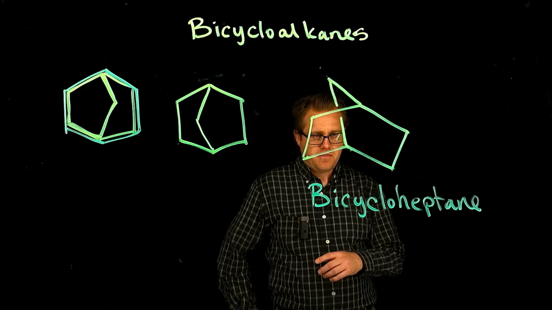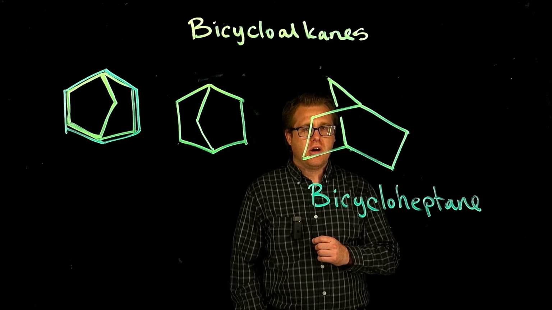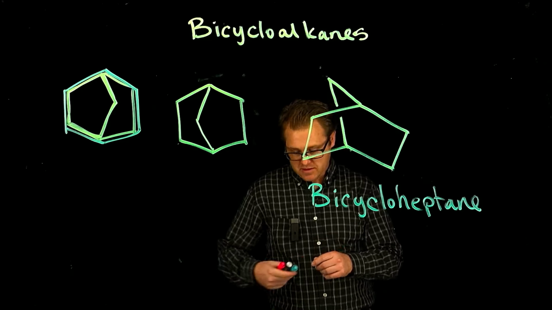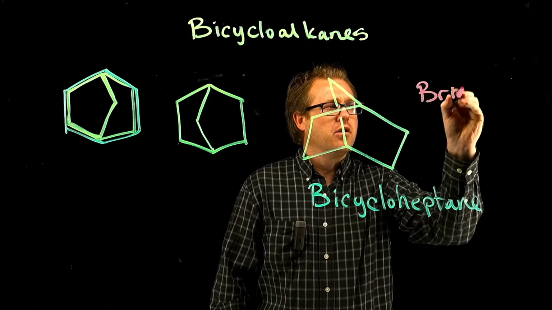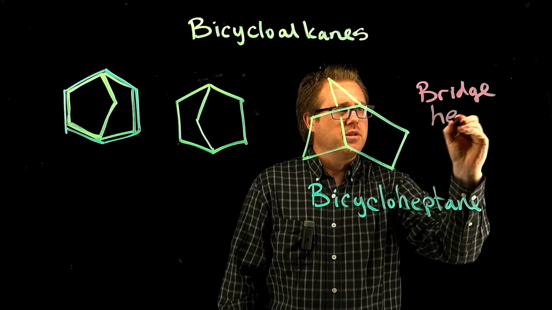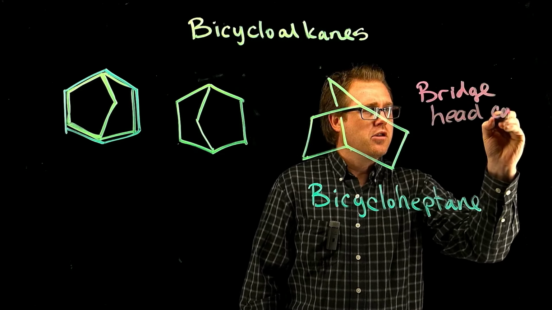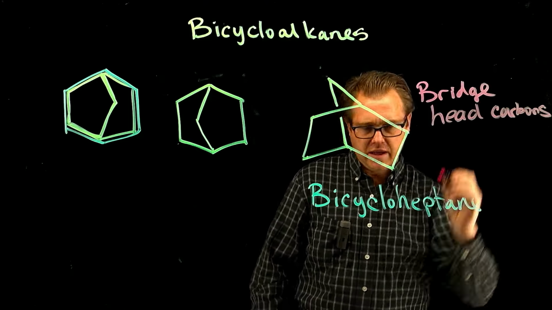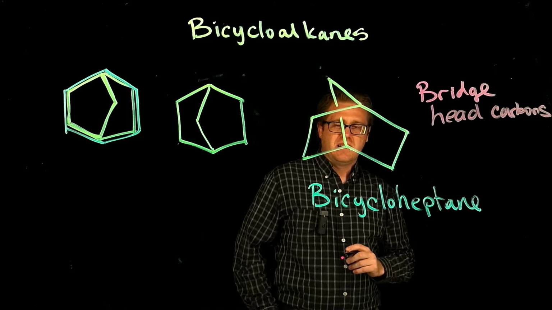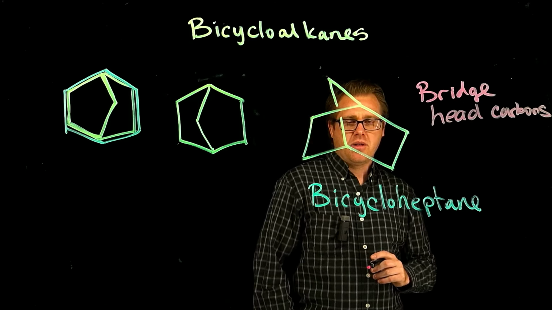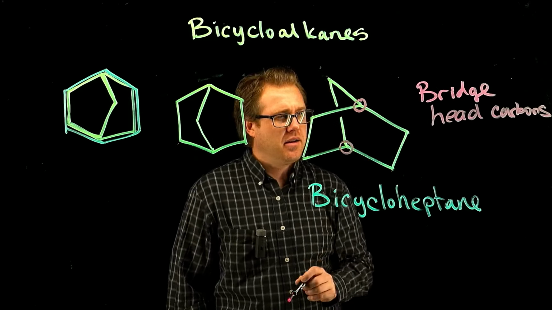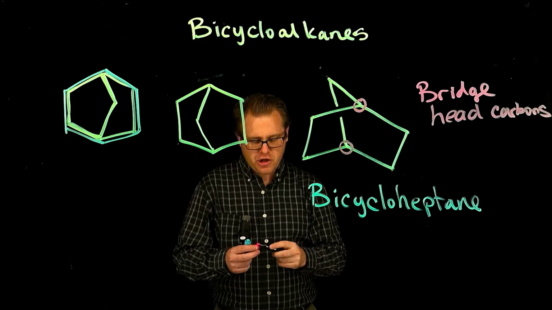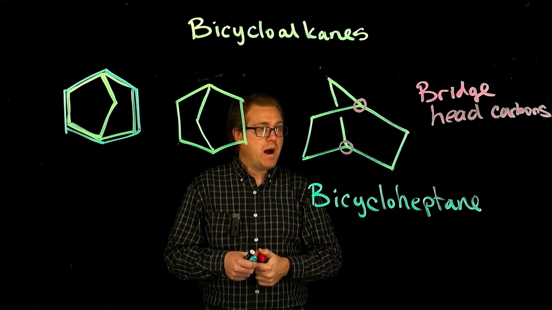And in a bicycloheptane, we have what's called bridgehead carbons. Bridgehead carbons, like so. And the bridgehead carbons are that carbon there and that carbon there. And we will get to it momentarily.